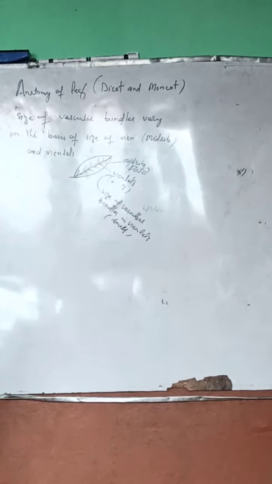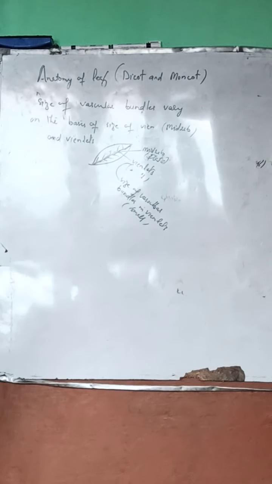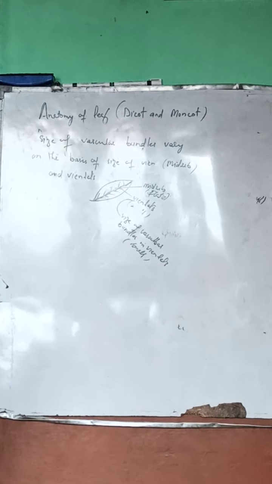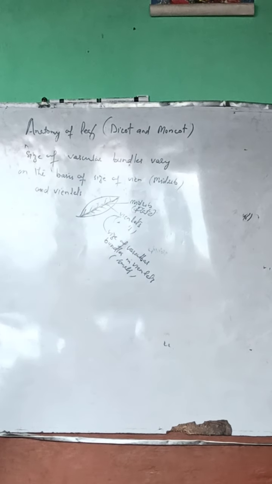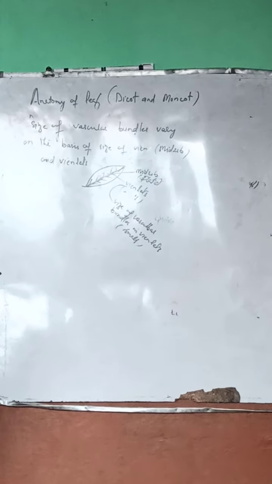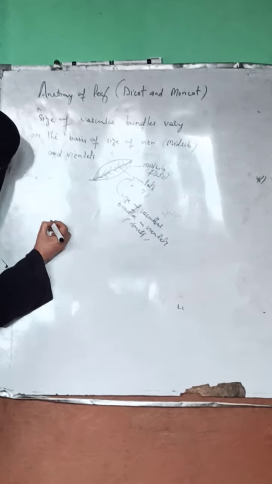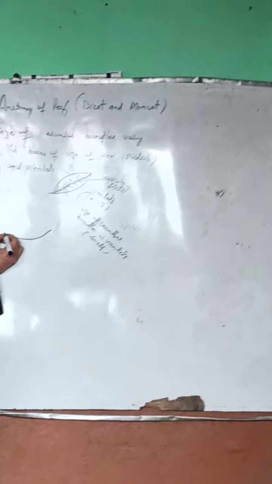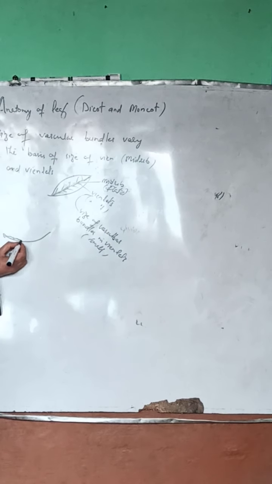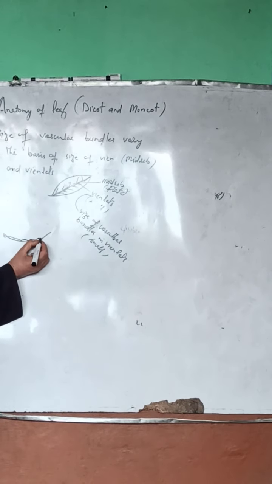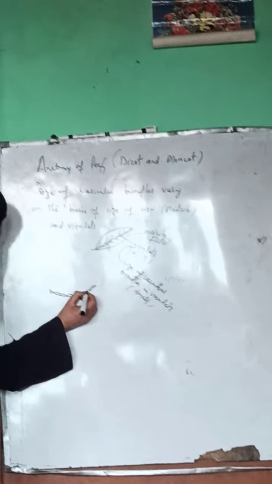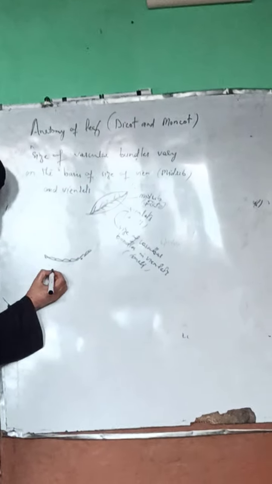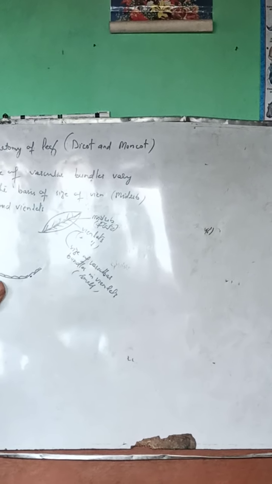Then we know the mesophyll cells are specialized cells which are found in a dicot leaf, which I have told you. Now there is an opening on the lower surface of epidermis, that means abaxial surface.